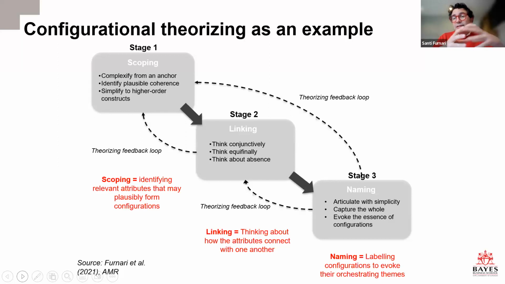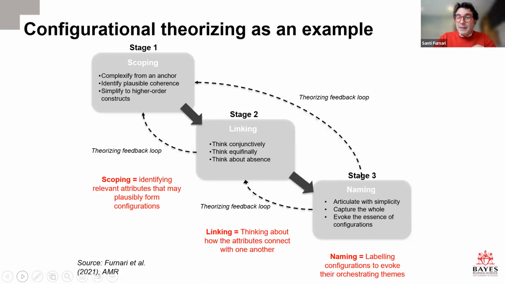And so configurational theorizing is a process that starts from complexity and messiness, but from that tries to get to a simple, if nuanced and fine-grained model or theory, where you have multiple recipes that can bring you to the same outcome. As they say, equifinal pathways to the same outcome, or multiple streets that lead to Rome, so to speak.